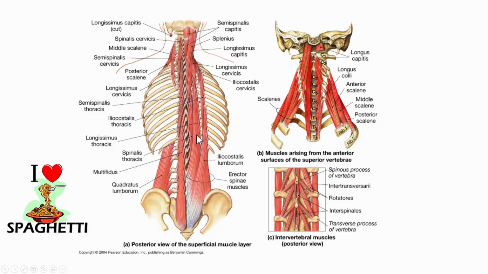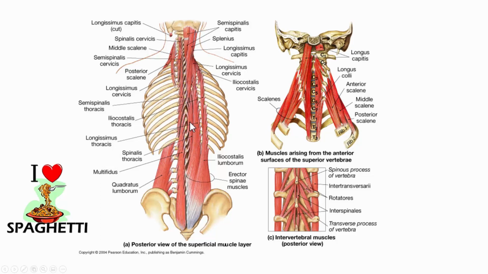Now the next one, so I love, so this is going to be the longissimus. And I think of the longissimus as having these very long fibers. And again, we have a thoracis and a longissimus cervicis as well. And then the next, I love spaghetti.